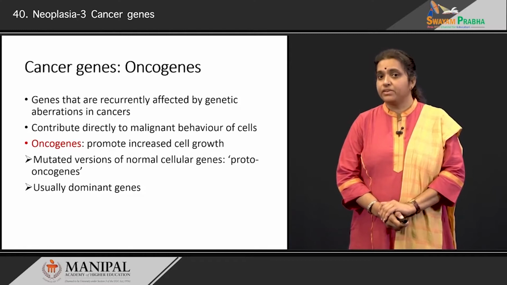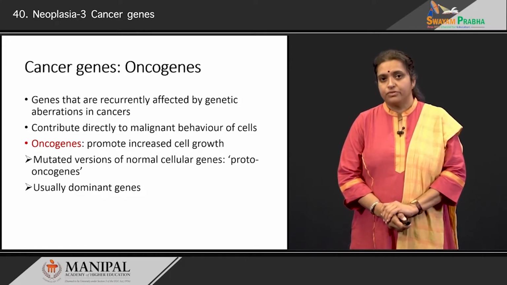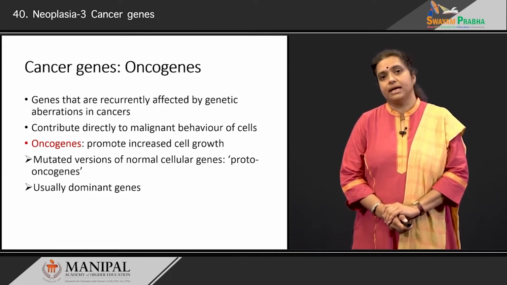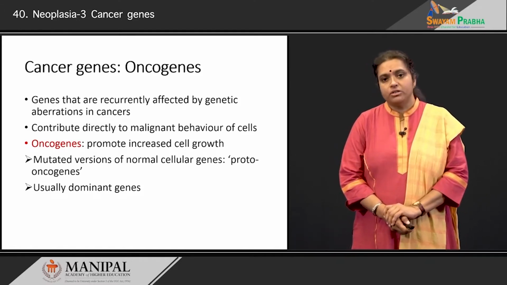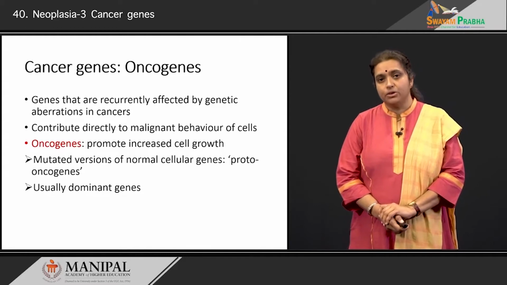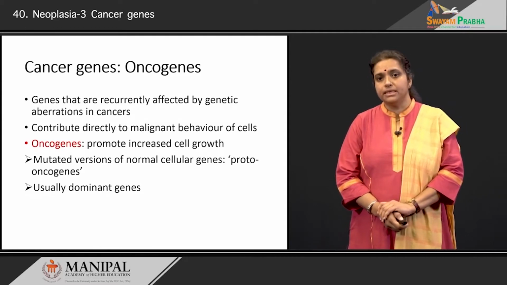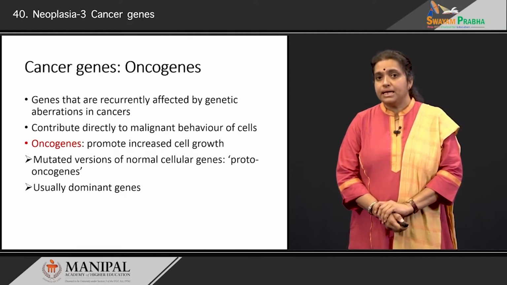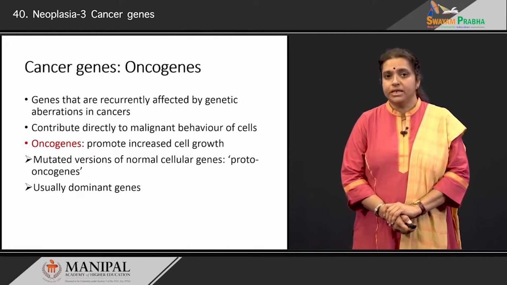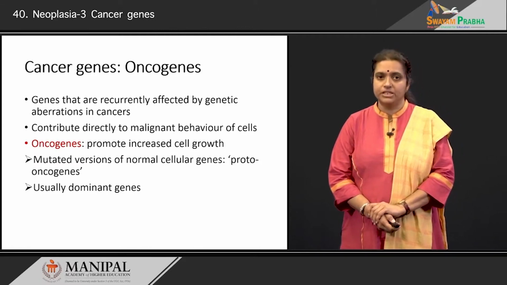In other words, they are the driving forces that make the cancer cell what it is. Usually the oncogenes promote increased cell growth. In other words, they cause the cell to proliferate more. These are, as I already mentioned, mutated versions of normal cellular genes.